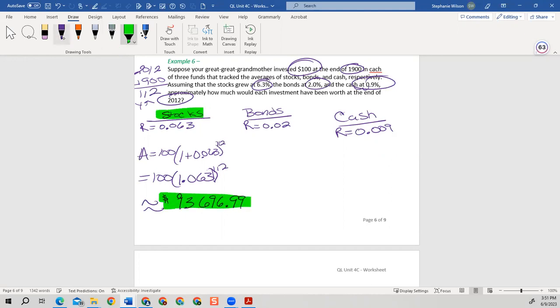So that would be my stocks. All right, let's do the bond. So we got A is equal to 100 times 1 plus that 0.02, raised to the 112.